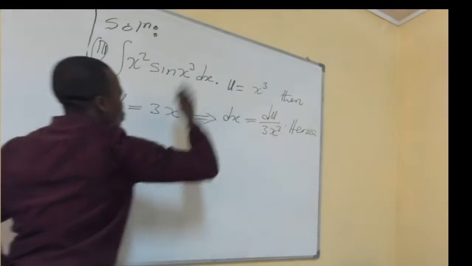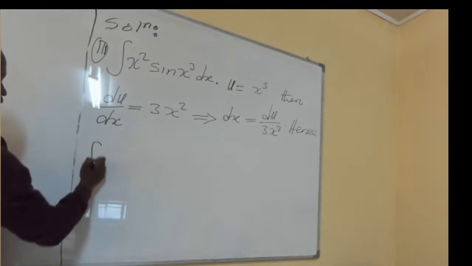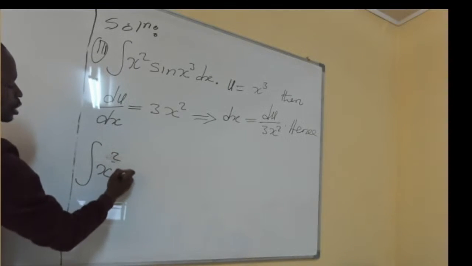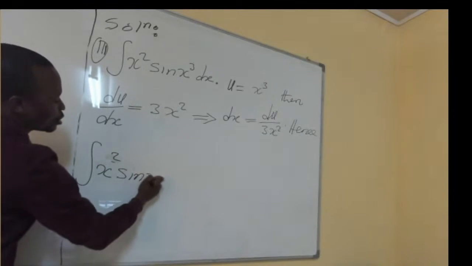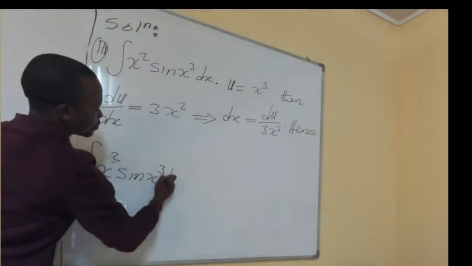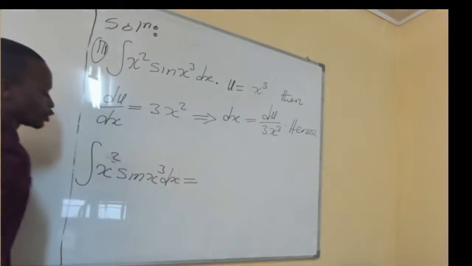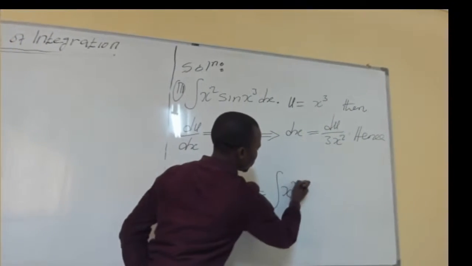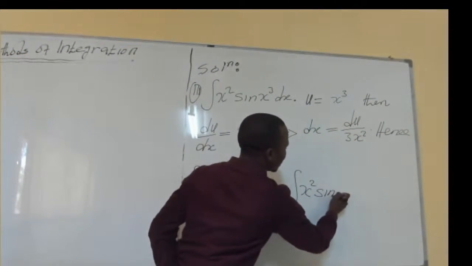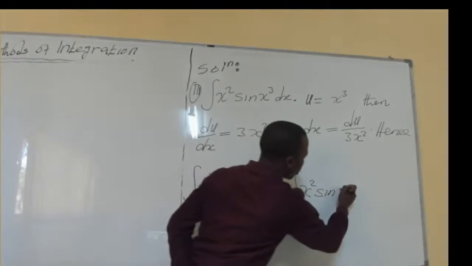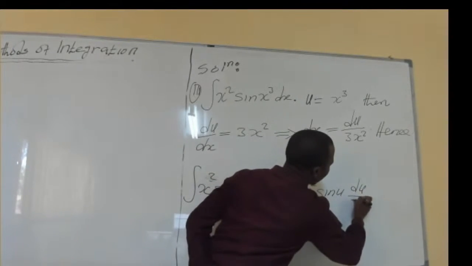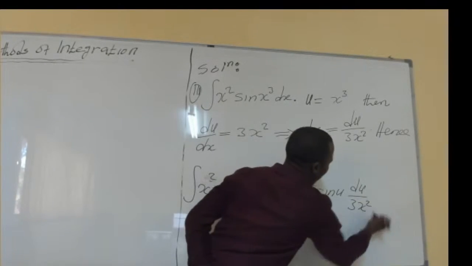Then what we're going to have is that the integral of x squared times the sine of x cubed dx is equal to the integral of x squared times the sine of u, du over 3x squared.